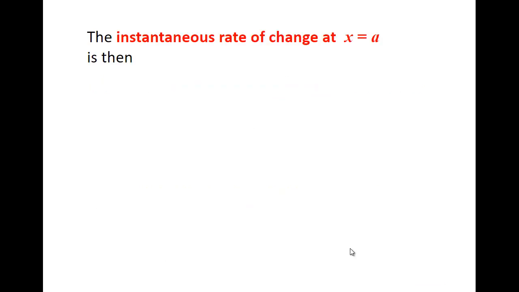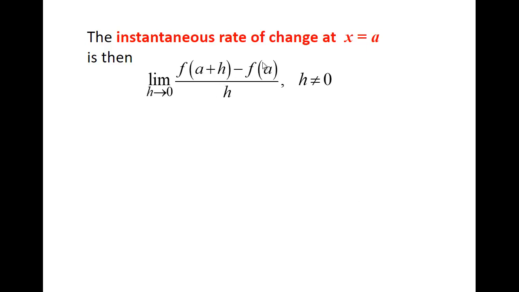Okay, so then the instantaneous rate of change of the function at x equals a is the limit as h goes to 0 of f of a plus h minus f of a over h. Again, this ratio is the average rate of change from x equals a to x equals a plus h.